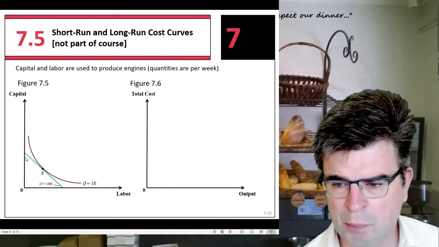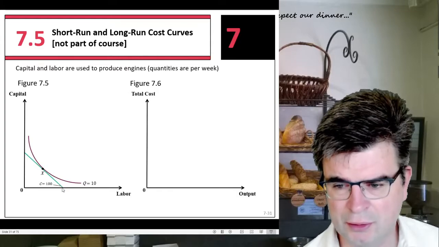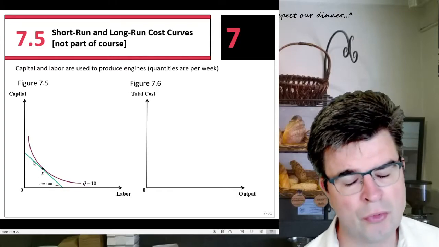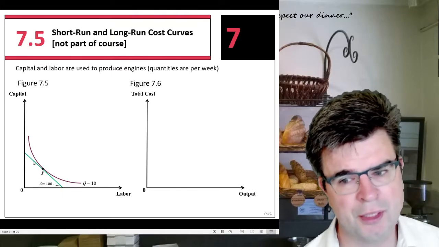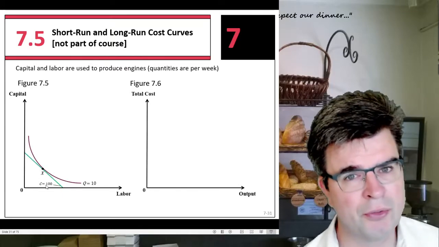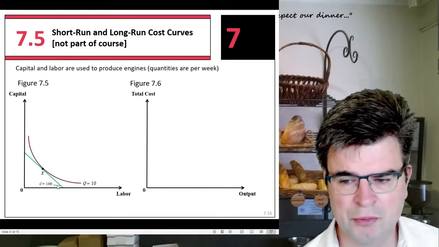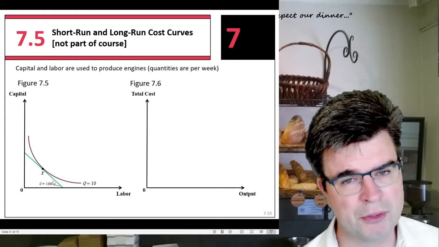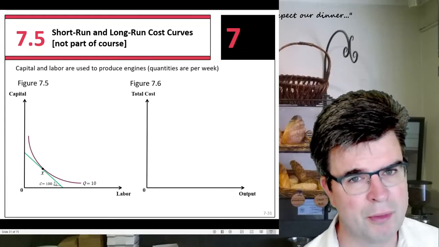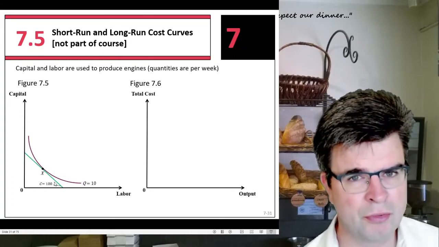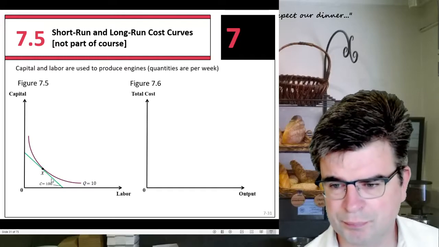The green line is an iso-cost line: all combinations of capital and labor associated with a total expenditure of 100. As with the budget line, its slope is derived from the relative price of units of capital and units of labor.